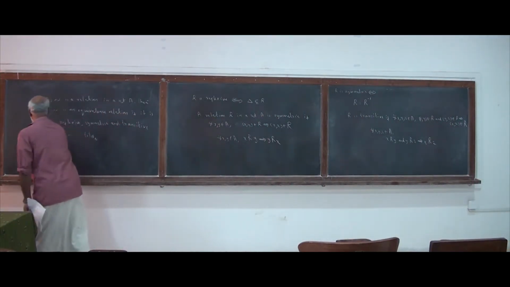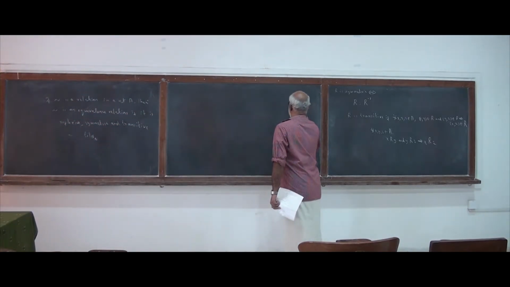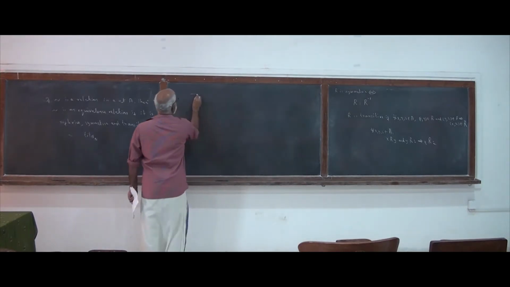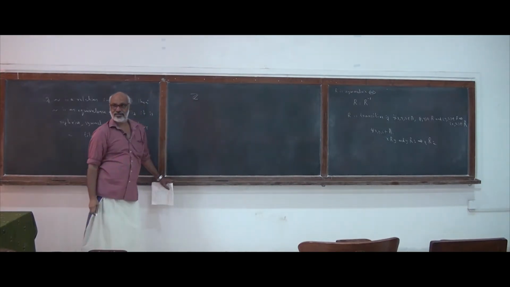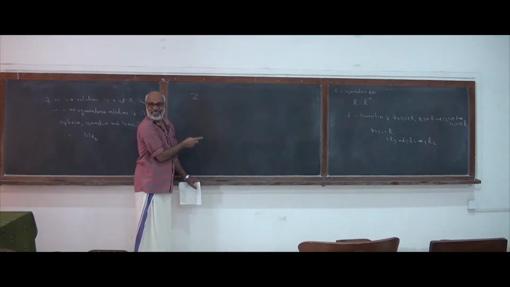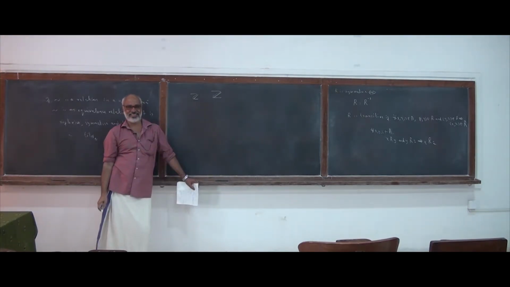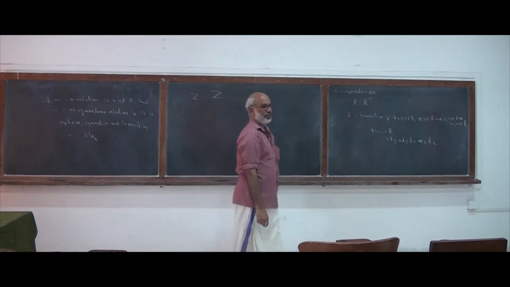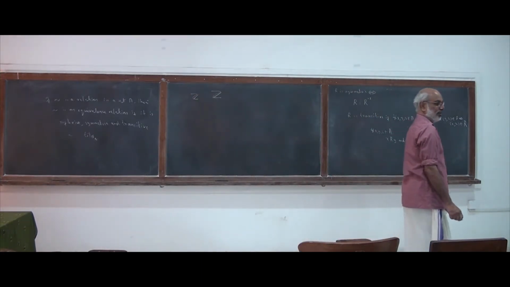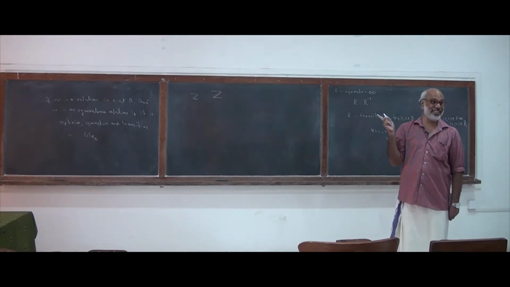There is one important example of an equivalence relation among integers. Take the set of all integers. This is not just Z. This is Z with an additional line like this. This symbol is reserved for the set of all integers. It is a common practice to denote the set of all integers by this symbol. Why this symbol Z?